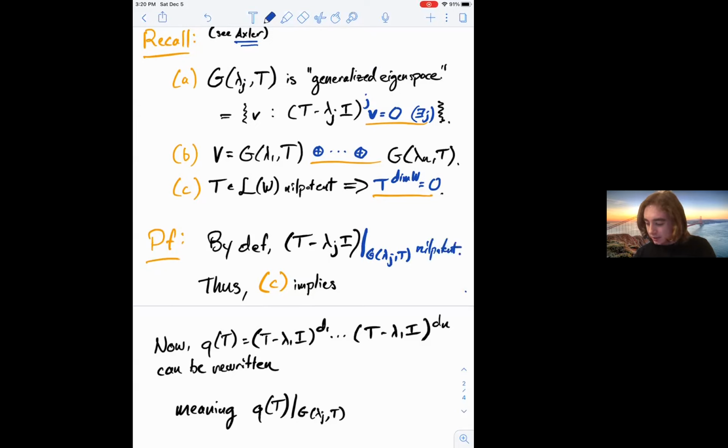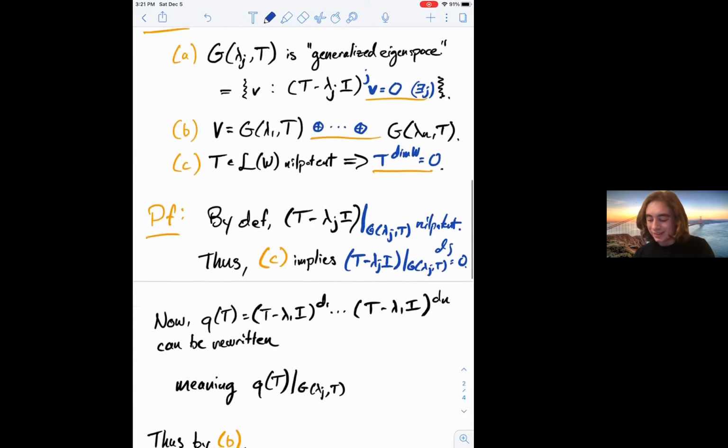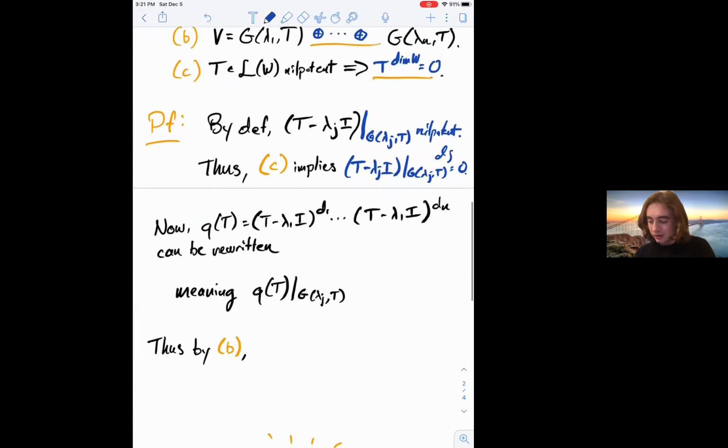Thus, by part C, we have in fact that T minus lambda_j I restricted to the jth eigenspace, to the d_j, must equal 0. So now our characteristic polynomial applied to T can actually be rewritten in a clever way.